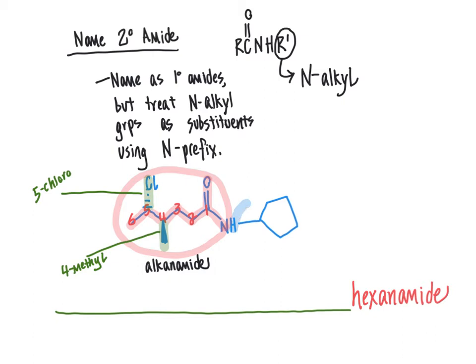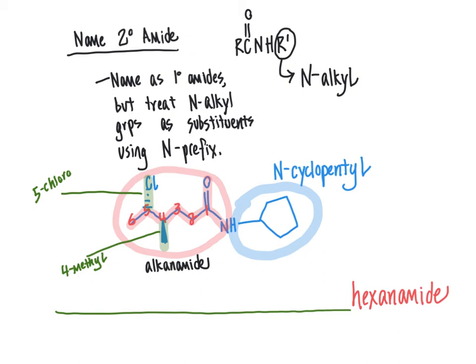Directly bonded to the nitrogen, this N-alkyl group that we have here is a cyclopentyl group, and so we would call this an N-cyclopentyl, with N in italics. You could think of that N as being like having a number there to indicate the position of that cyclopentyl group, but the N here is designating that that cyclopentyl is directly bonded to the nitrogen of the amide.